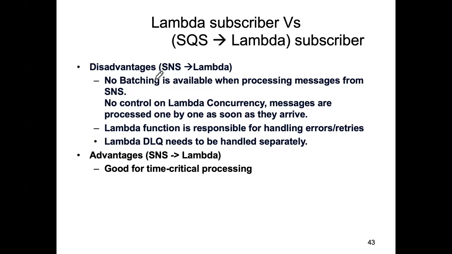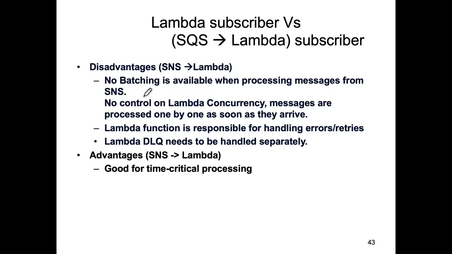So if you've got a high volume of messages being written to an SNS topic and a Lambda that is a direct subscriber, then you've got a high volume of Lambda instances being created. Each Lambda is only processing one message, so there are cost implications associated with that.